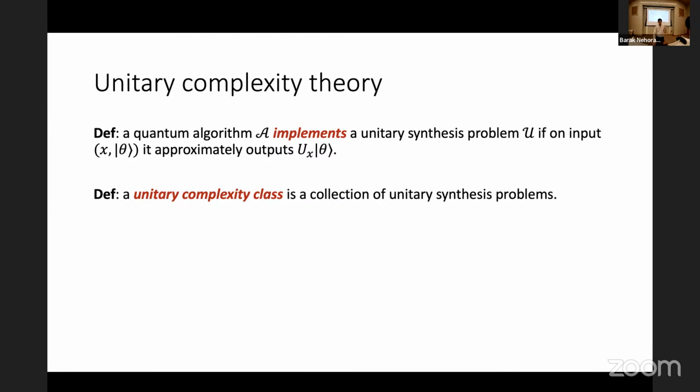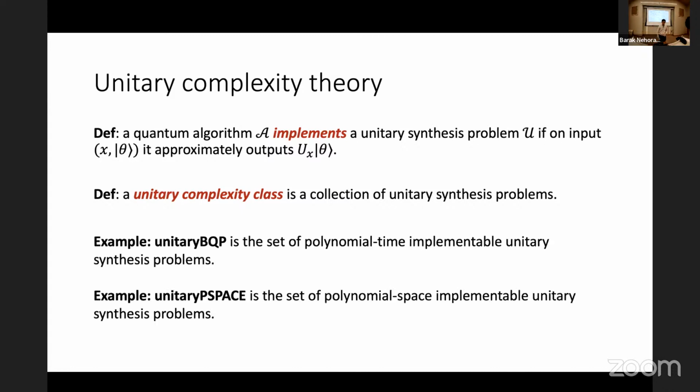All right, and now we can start to define unitary complexity classes. It's just a collection of unitary synthesis problems. Natural classes you might first want to define: let's call it unitary BQP. This is the set of all unitary synthesis problems that you can implement using a polynomial-time quantum algorithm.